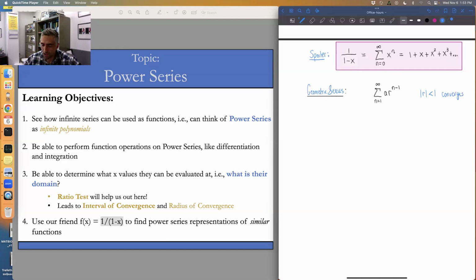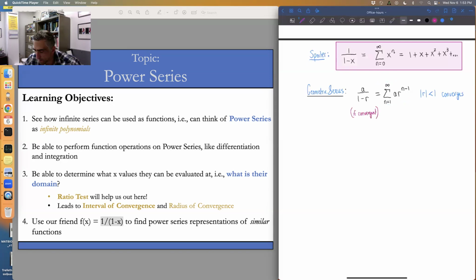And what's special about geometric series when they converge is that we know what they're equal to. So if this geometric series converges, we know it's actually equal to a over 1 minus r. So I'll just write the note, if convergent.